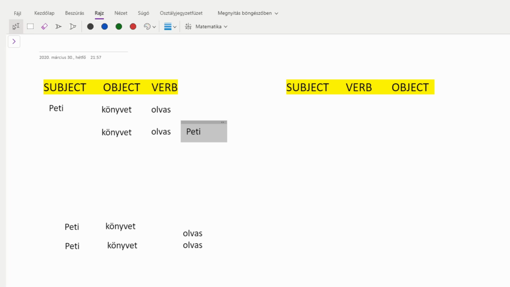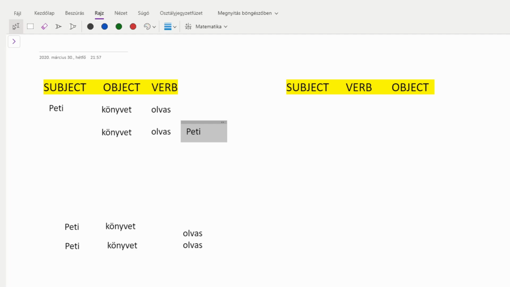So in this situation, I would say that könyvet olvas Peti could be understood as mit csinál Peti? Hát könyvet olvas. But a Hungarian person would say that, okay, he's reading a book. It is a book that he's reading, and not a newspaper, or a magazine, but he's reading a book. Könyvet olvas Peti, és nem újságot.